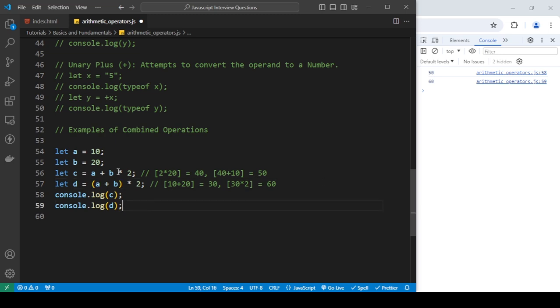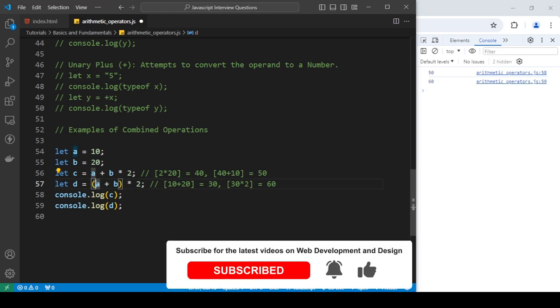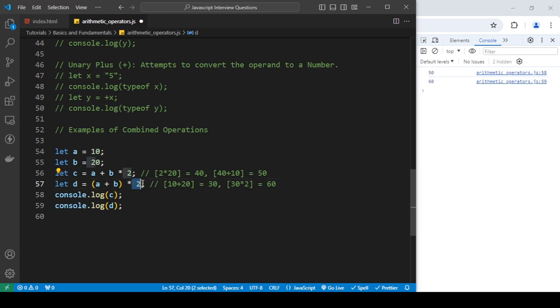Instead of doing it like this and then doing it like this, I'm telling it to do it like this and then do it like this. By wrapping variables inside of this, I'm telling it to calculate this first and then calculate whatever is outside. So that's what's happening here.